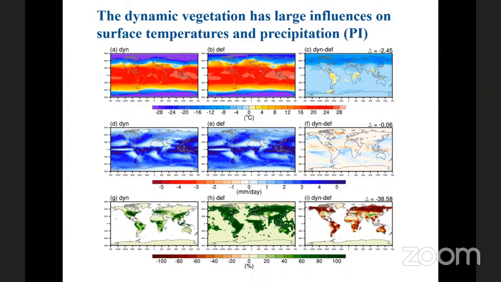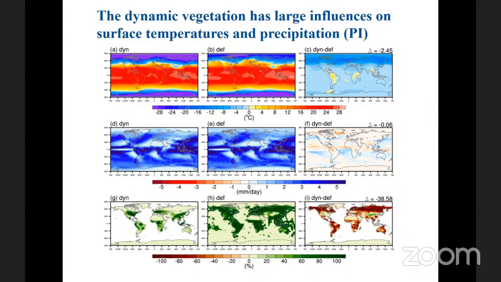That can affect the global mean surface temperature. You can look at this number. For the PI simulation, if we use the dynamic vegetation module, the global mean surface temperature is lower by about 2.5 degrees.